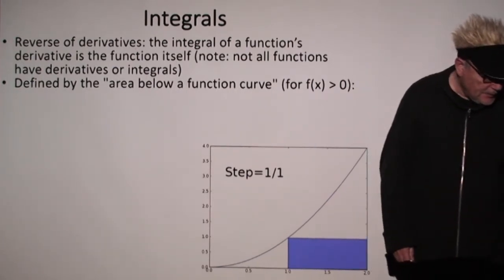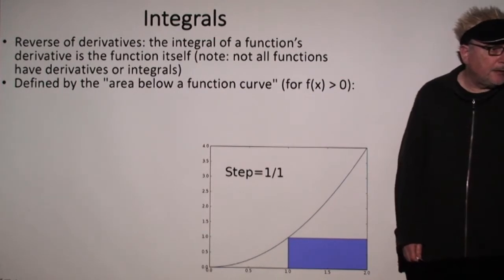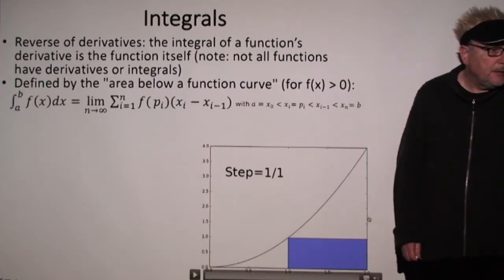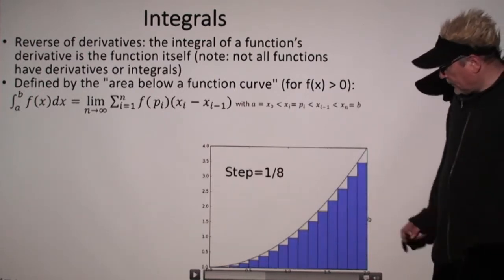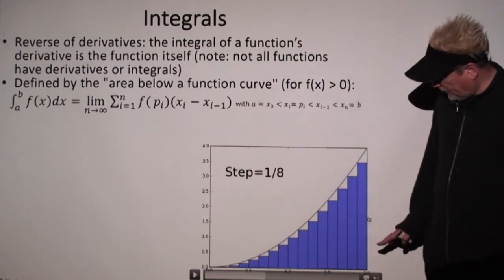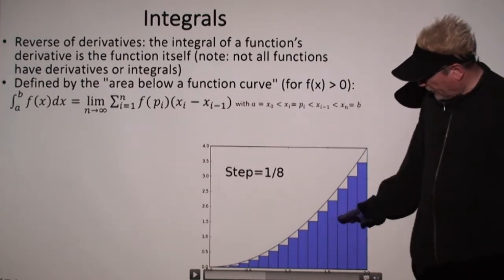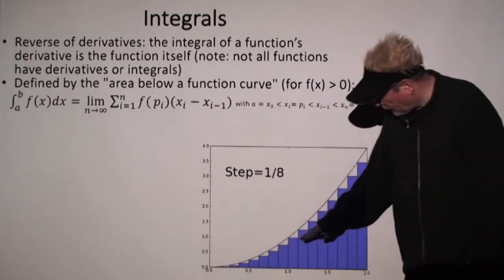Let's do some quick animation. Here you go, and put some rectangles here. As you can see, the more rectangles you have, the closer you get to filling in the whole area.